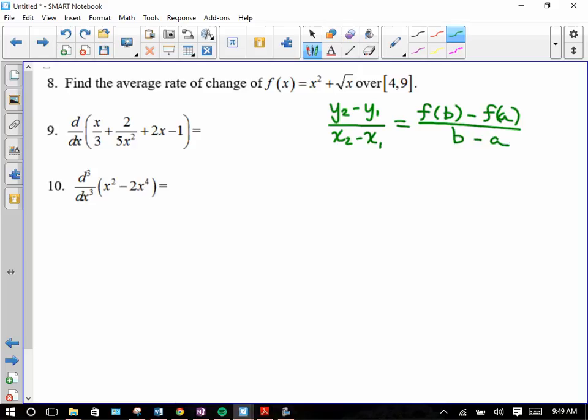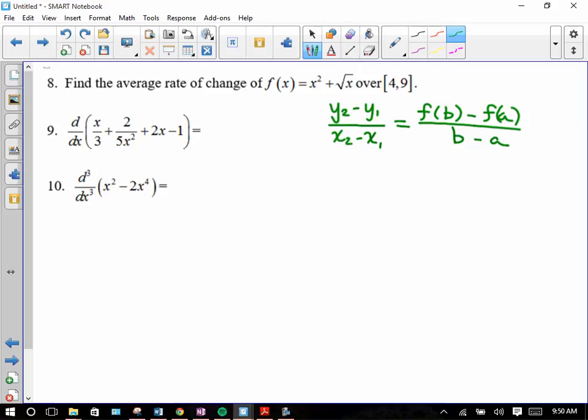All you do is, for f of b, you plug 9 into this function, f of a is 4, subtract it, and then divide by 9 minus 4. Alright? Questions about that?